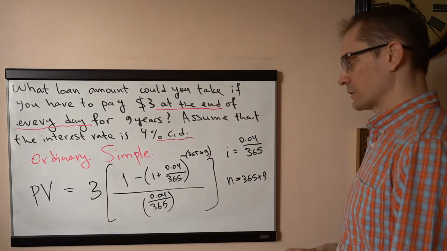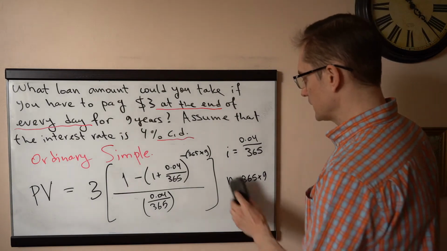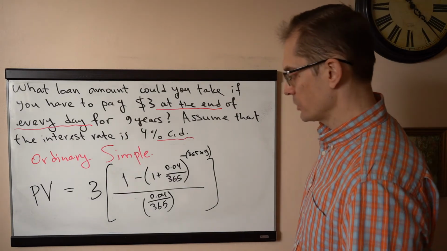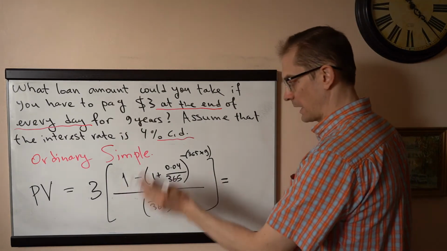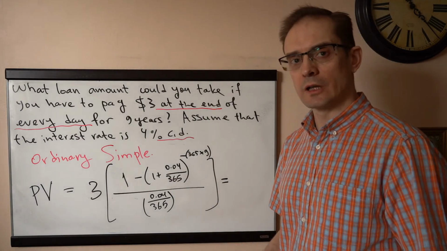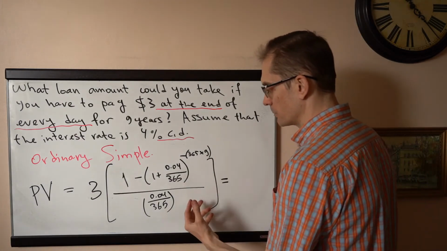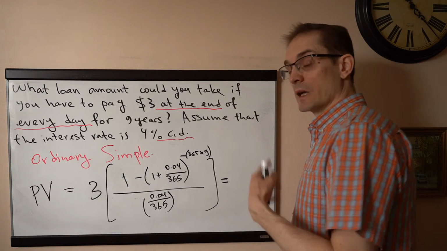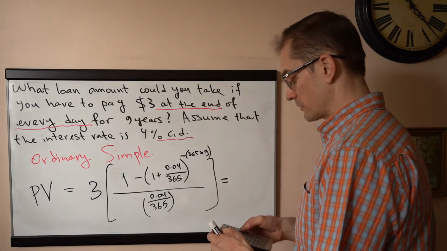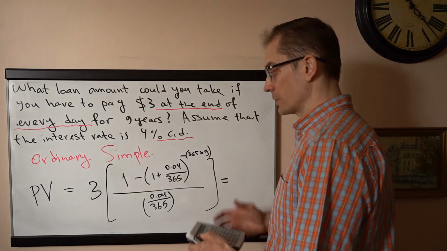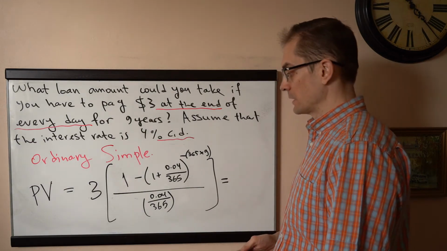Okay, so that's what it will look like, which again we have to calculate using our calculator very carefully, following BEDMAS, using the memory of the calculator a lot. So this could be a way to efficiently calculate this present value.